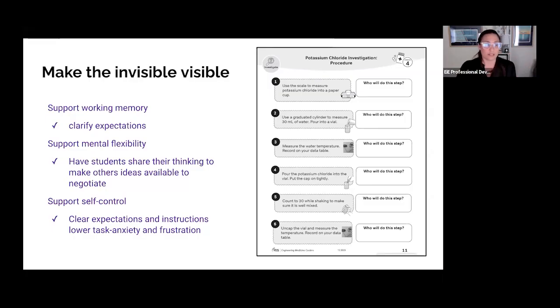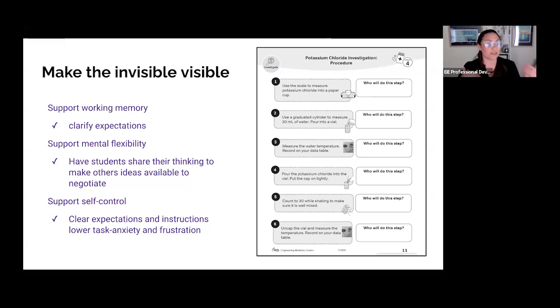We have a much harder time not reacting. And your students are having the same thing. So when we make those clear expectations, we lower that task anxiety, right? And we lower that level of frustration that they're experiencing so they can show us that they understand the science, the engineering, the math, the technology, and not just their deficit in executive functioning.